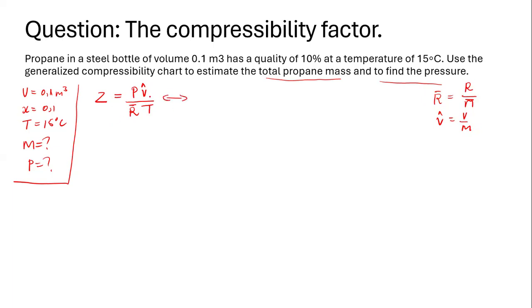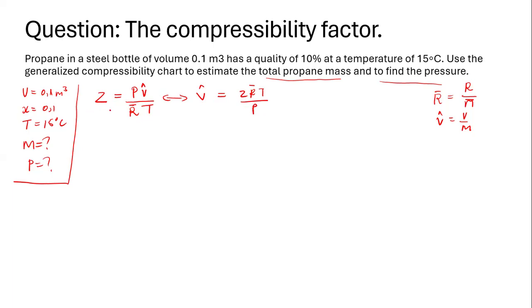Making the specific volume subject of the formula, we're going to have our specific volume equals Z multiplied by RT divided by pressure, right?